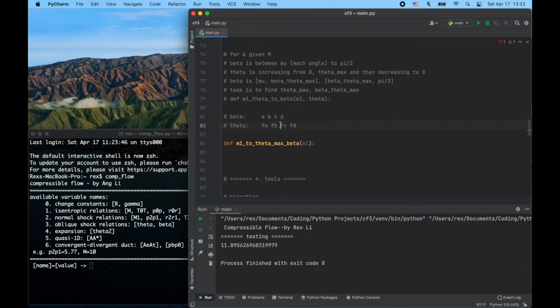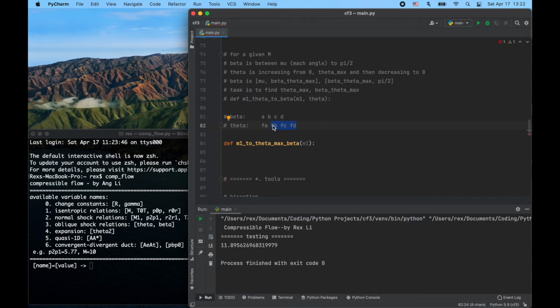If we know that FC is the maximum value, then we are sure that FC is the largest among all of these four values. We are sure that theta max is between B and D.